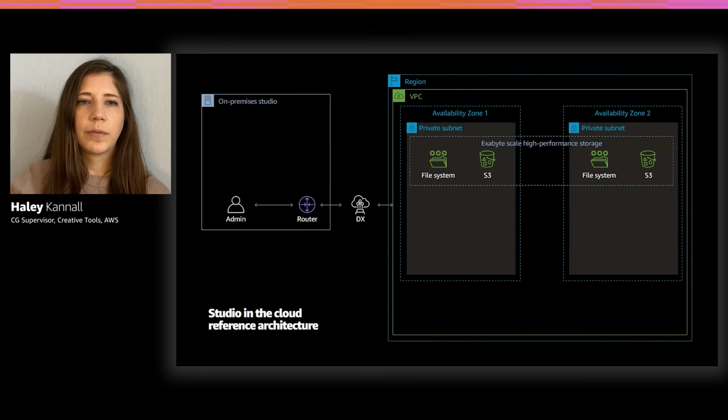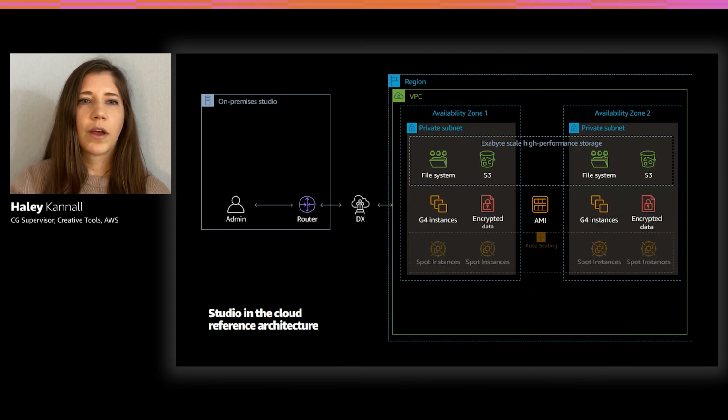Performant file systems like FSx, Weka, or Qumulo are used as the active storage for project data, and S3 is used for backups, repository storage, and archiving old project data. Amazon machine images are created to spin up EC2 G4 workstations configured to run content creation applications. All of the data accessed via these remote workstations is secure and encrypted.